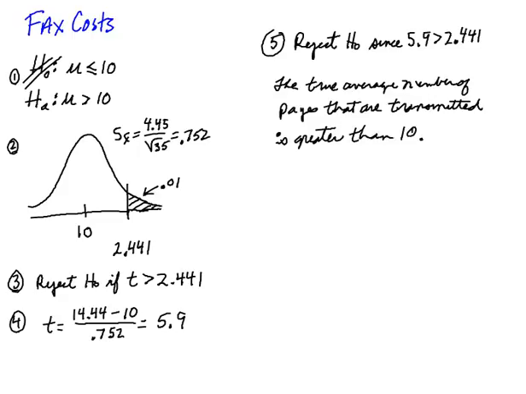So they need to employ some sort of additional measures to try to get that average reduced to what they want, 10 or less.